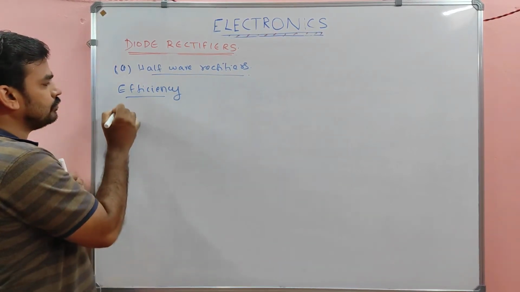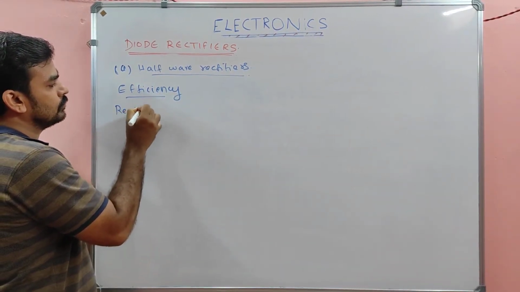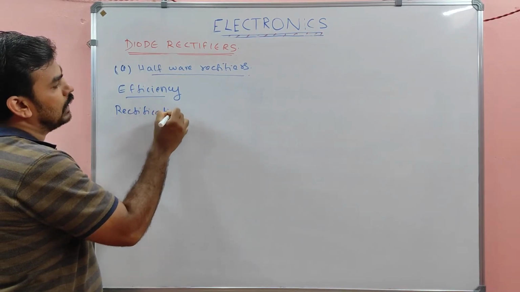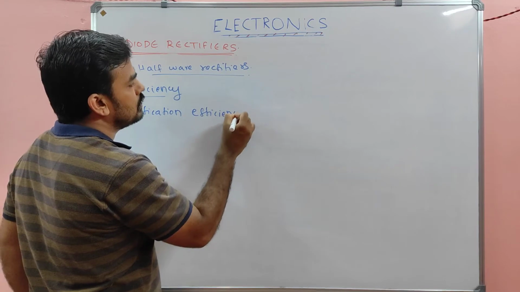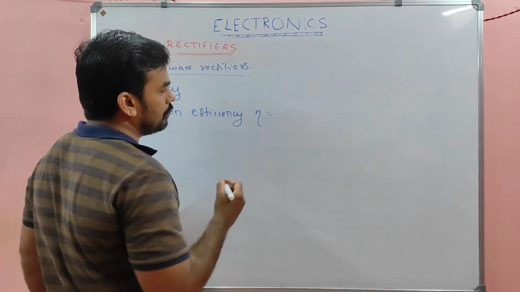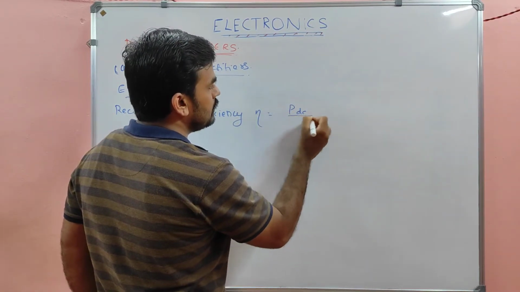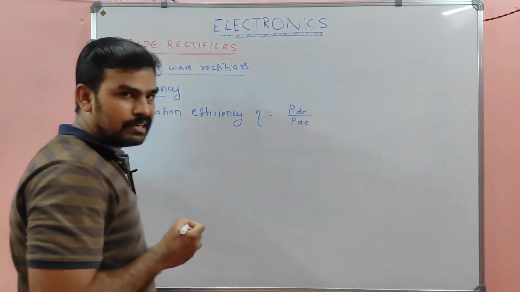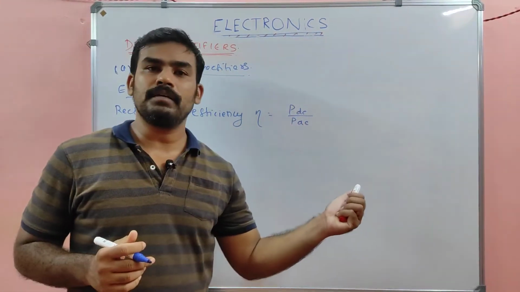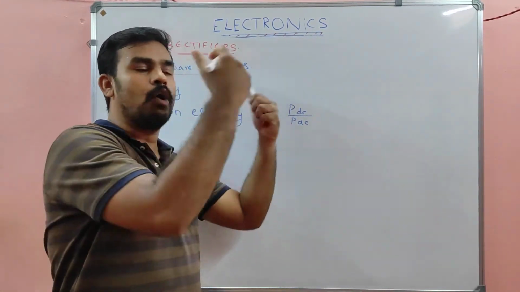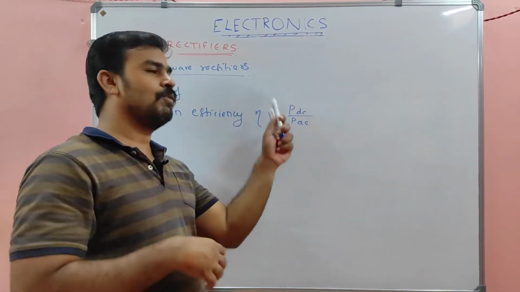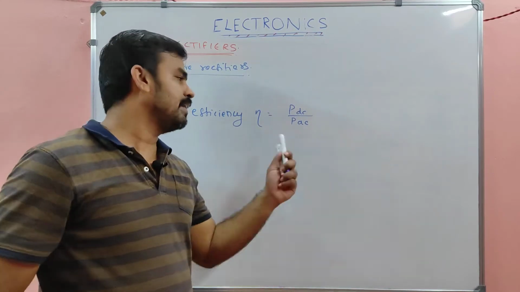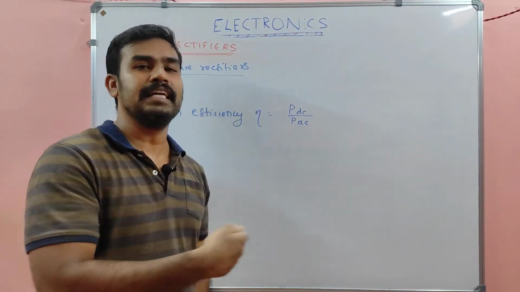So, rectification efficiency, which is nothing but PDC divided by PAC, because the output is the direct current power divided by the input power we are applying.